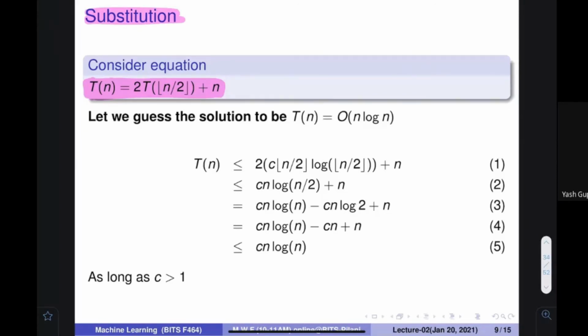Sometimes you need some kind of earlier understanding, and then only you can prove it, and then only you can find out the tight bound. So let's assume that we guess that Tn is equal to big O of n log n. Let's assume that this is what I guessed.